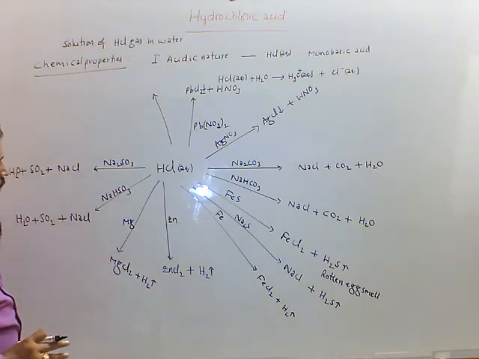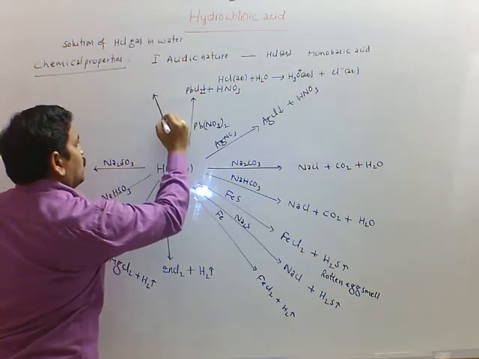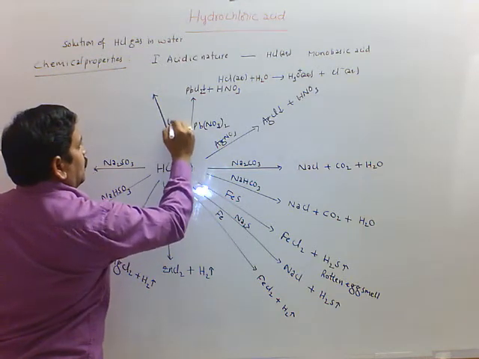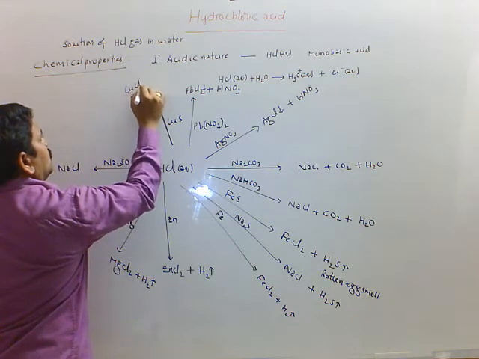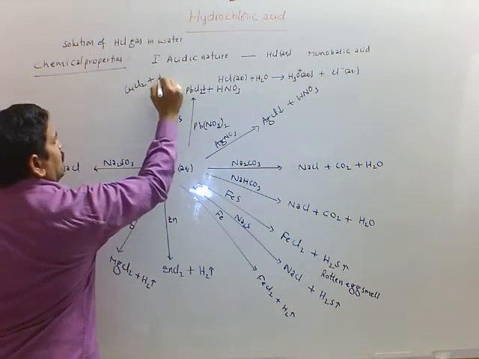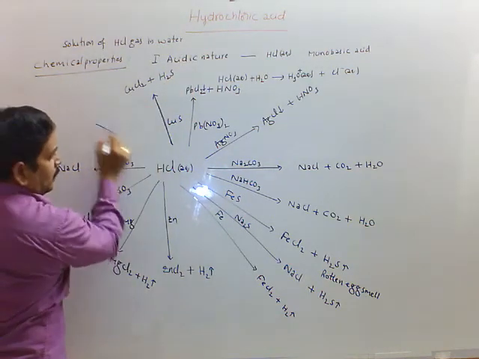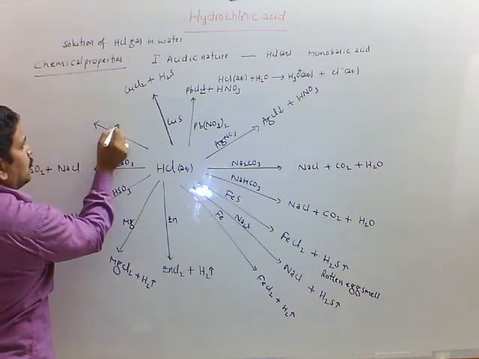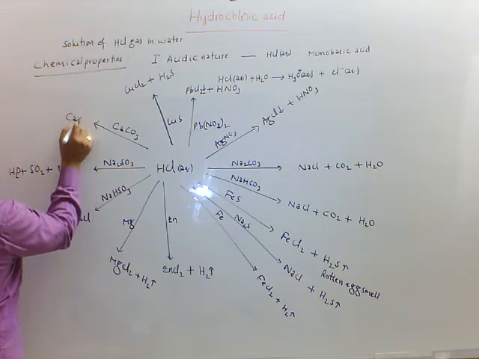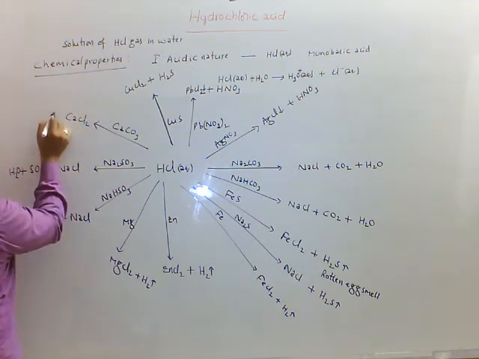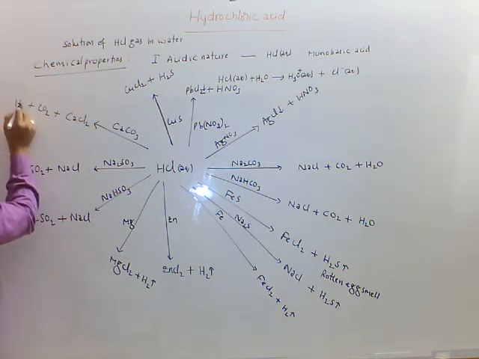Now, reaction with copper sulfide, we get CuCl2 plus H2S. Reaction with calcium carbonate, we get CaCl2 plus CO2 plus H2O.